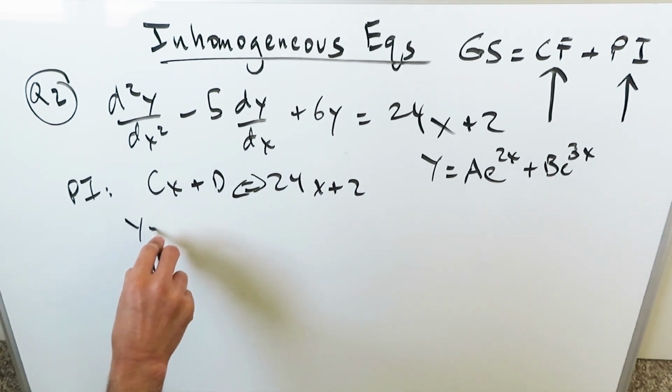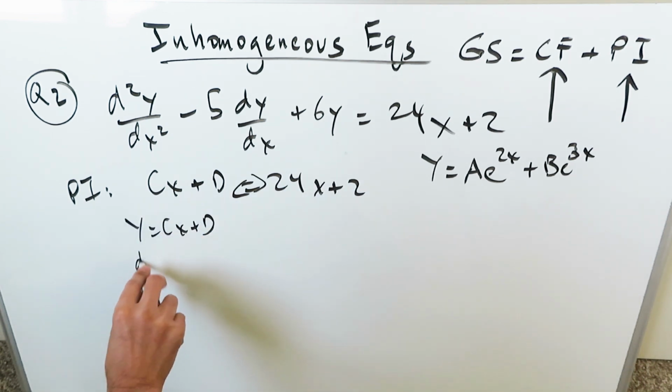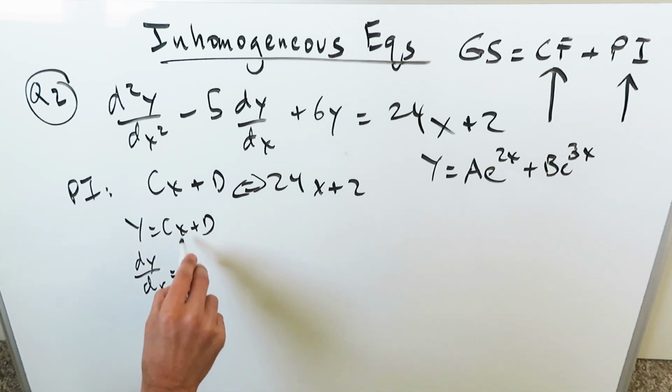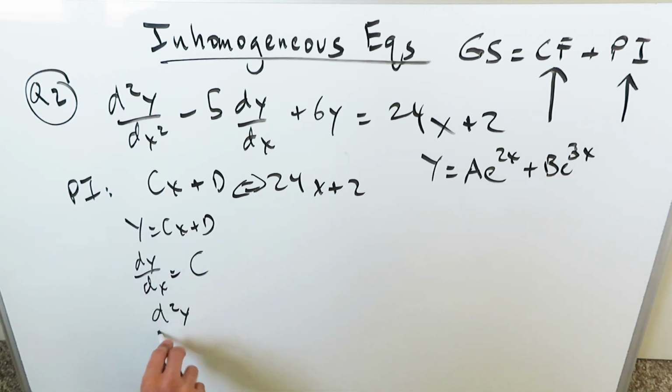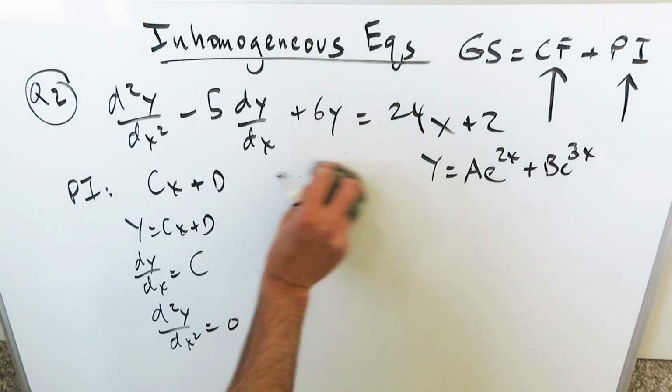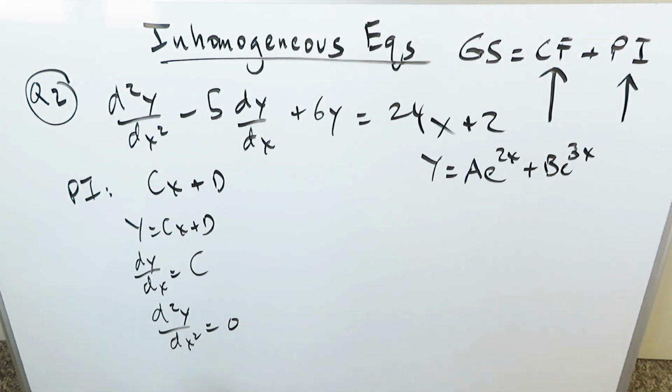If y is equal to cx plus d, then the first order derivative dy over dx is equal to c. Then the second order derivative is equal to what? 0. You're going to take these items and plug them in, and you'll solve for the values of c and d using systems of linear equations.